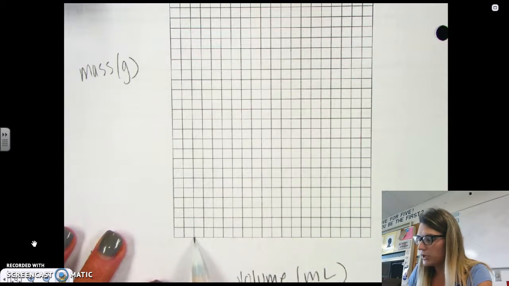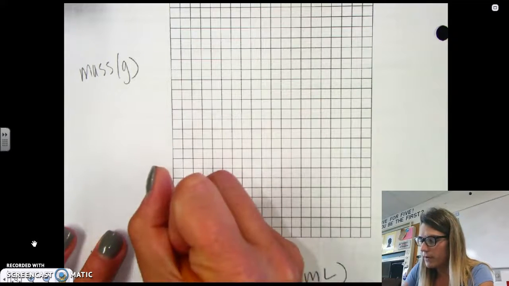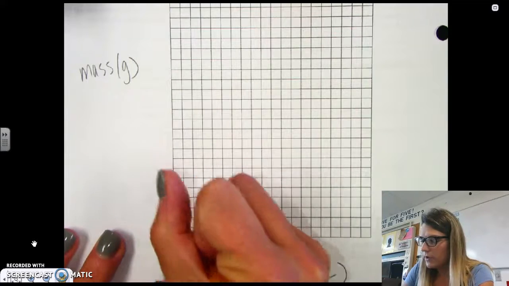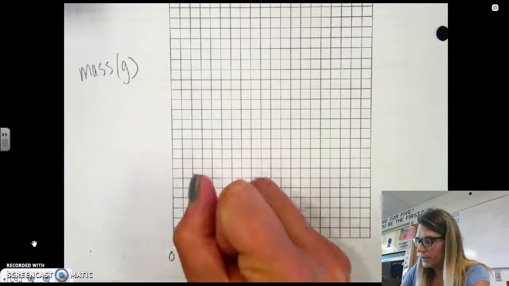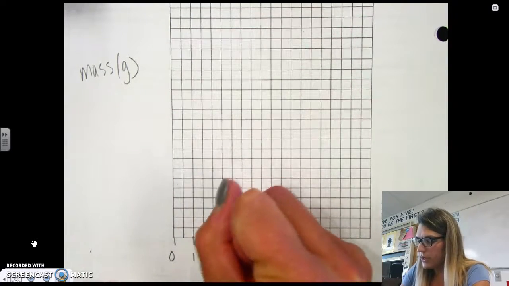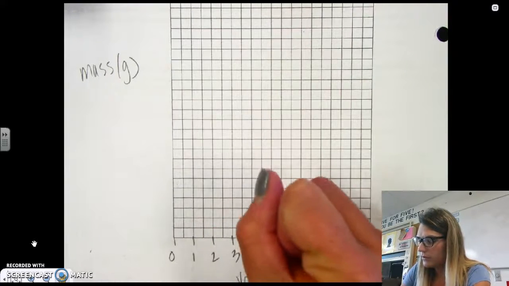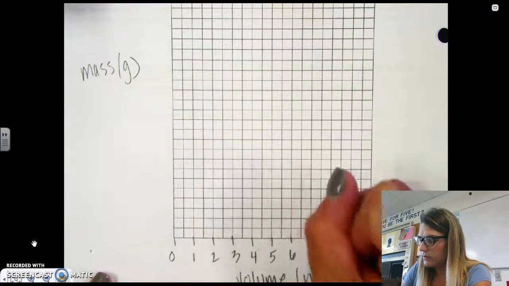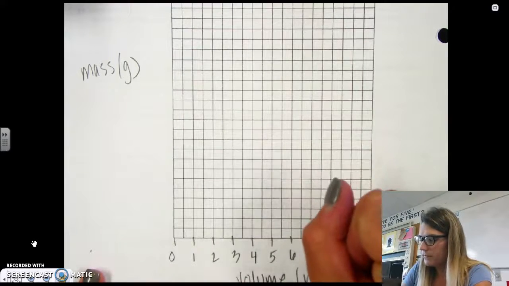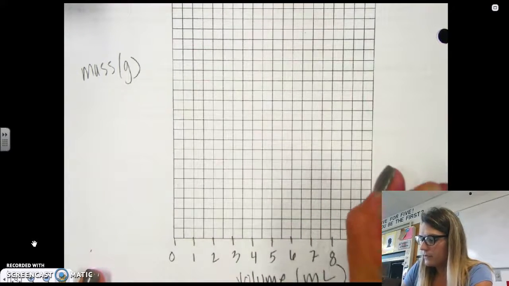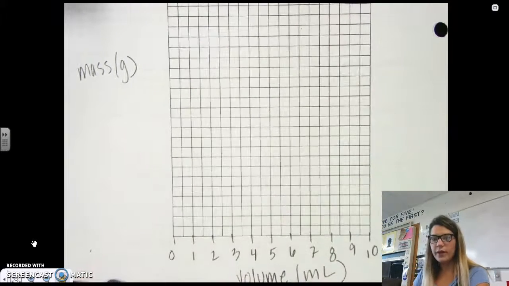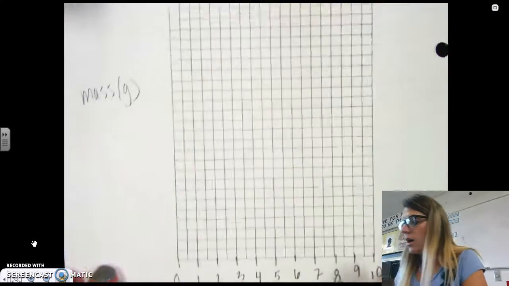Maybe I can do 1, 2, 3, 4, 5, 6, 7. Yeah, looks like it's going to work. So I'm going to make this 0, and go 1, 2, 3, 4, up to 10. Okay, so there's my x-axis.